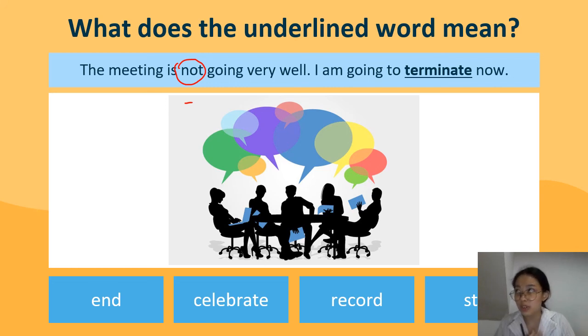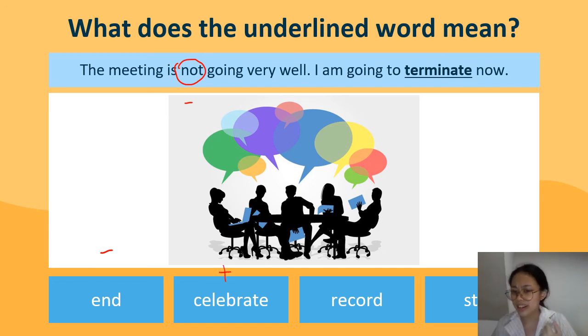Terminate? Terminal? At the airport? The word end. When you end a relationship, you cry. Negative feeling. Celebrate. Celebration. When it's your birthday or New Year's Day, Christmas Day is coming, you will celebrate by having a party, like talking to your friends, like social life with someone.